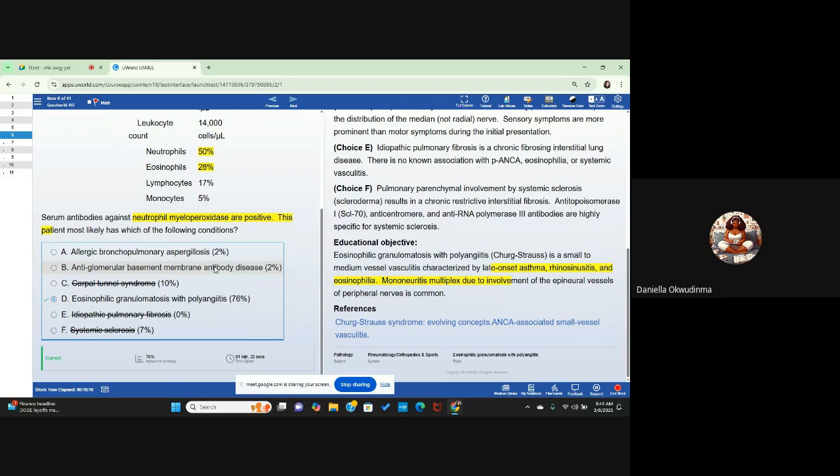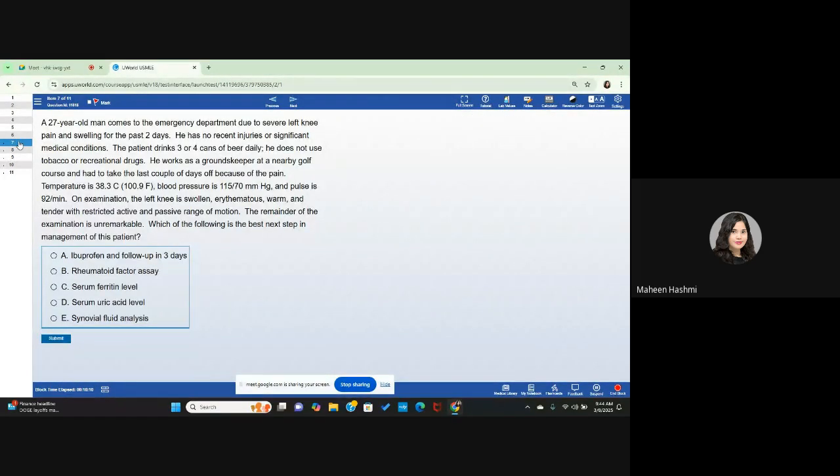Antibodies develop against the basement membrane. Exactly. So you see nephritis, rapidly progressive glomerulonephritis along with hemoptysis. That's good. Systemic sclerosis we already talked about. We'll move on to the next question.